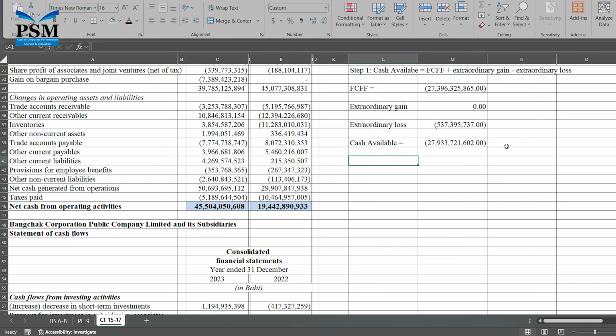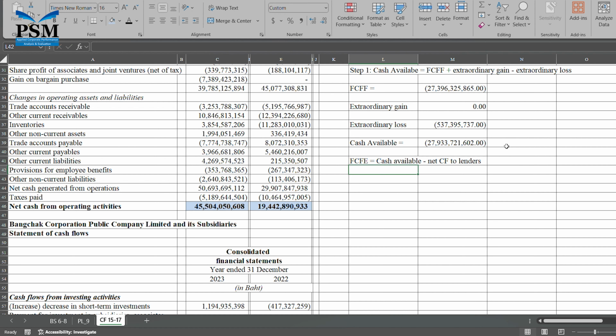Now, with the cash available, in this case a cash deficit, we can easily calculate the FCFE following the formula. FCFE equals cash available minus net cash flow to lenders.